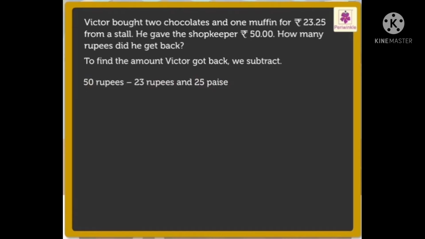So, let's solve it. To be able to subtract, we need to place rupees under the rupees column and paise under the paise column. Look, we write 50 rupees as 50 under the rupees column and 00 under the paise column.